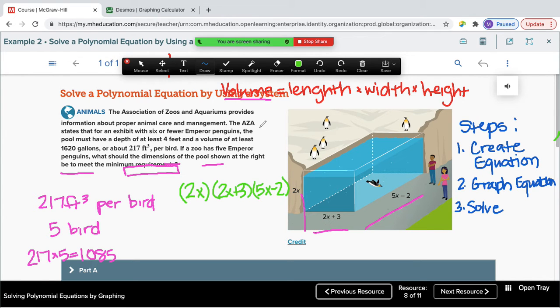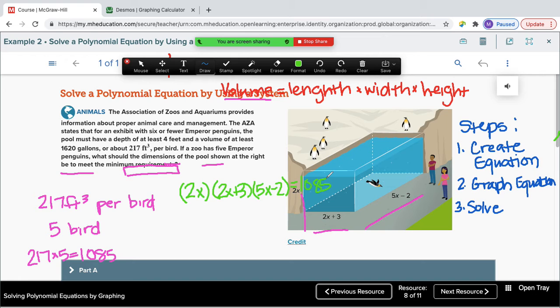And I want it all equal to the volume of 1085. Right, so that is the beginning of creating my equation.